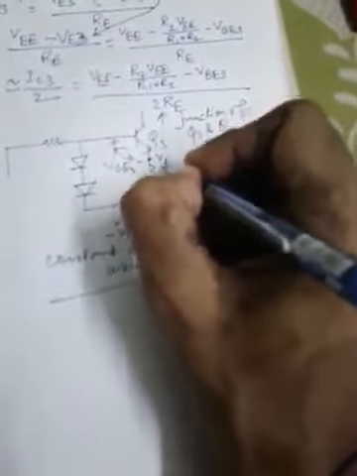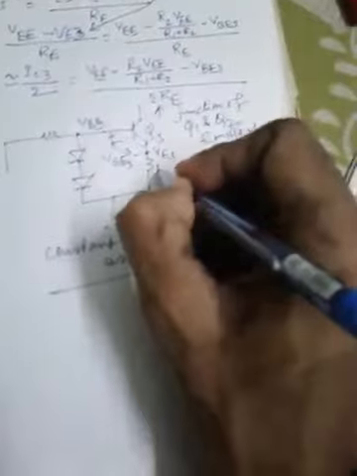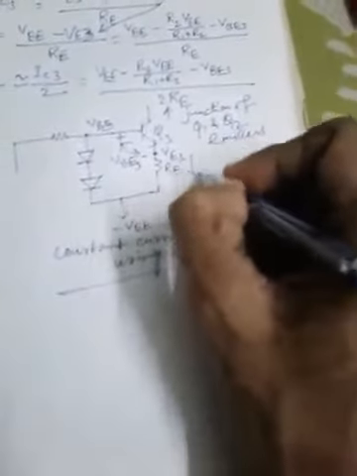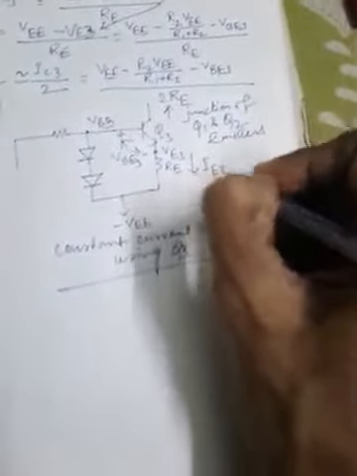And this is VB3, this is VE3, and this point is VB3, and this is the resistance RE, and emitter current IE3 is going through RE. This is connected to minus VE, and I2 is the current through this, and this resistance is R2.